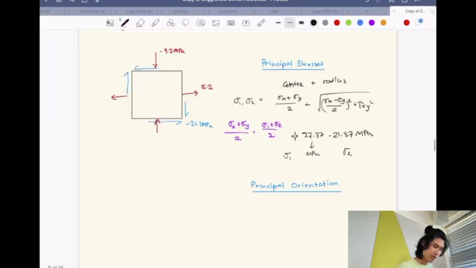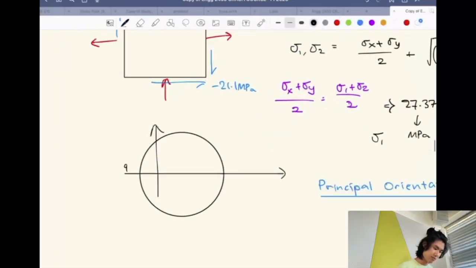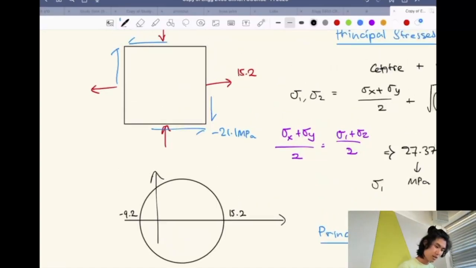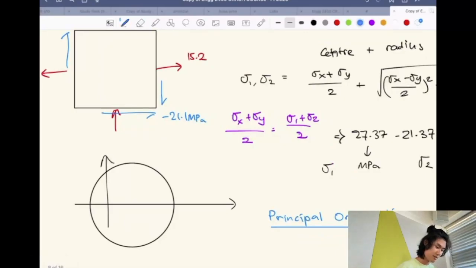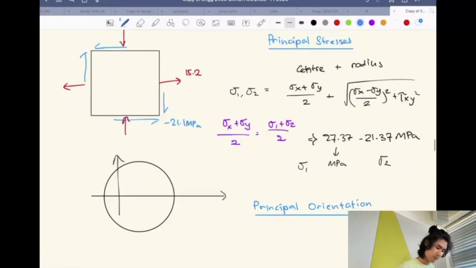So on the Mohr circle, this kind of looks like this. This is negative 9.2, this is 15.2. Oh, sorry, wait, that's wrong. This is negative 21.1 MPa.